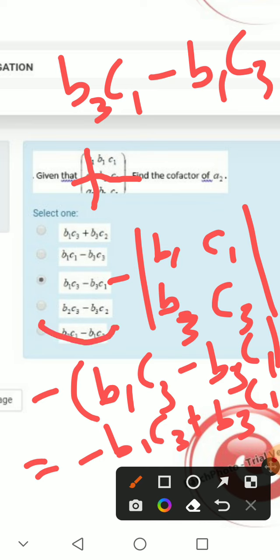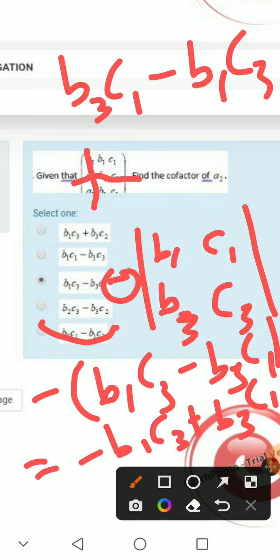Now I would like to show you guys something quite important. Why is this minus? If you notice, we are asked to find a cofactor of A2.